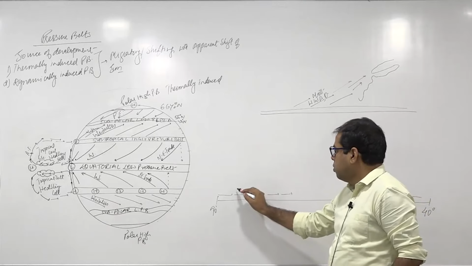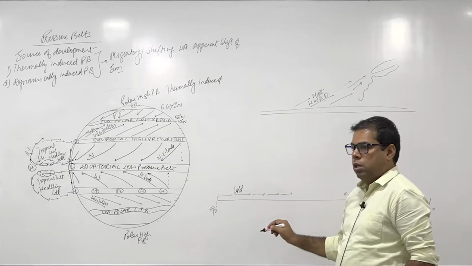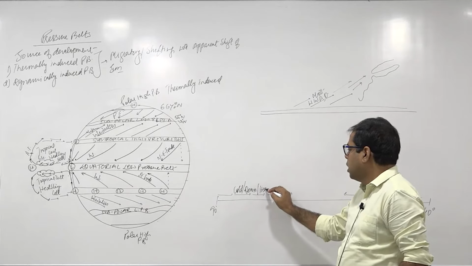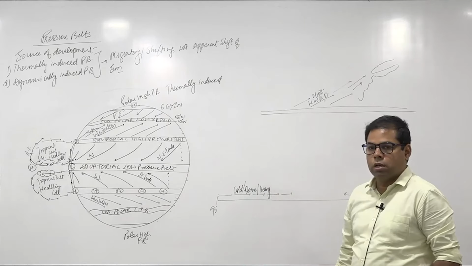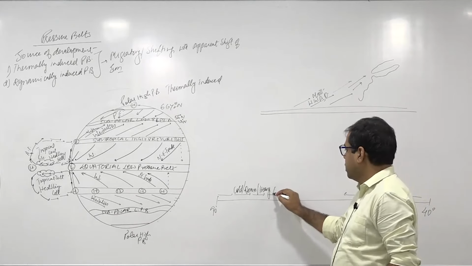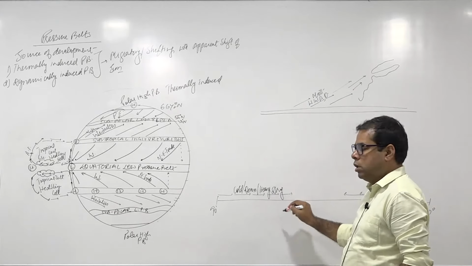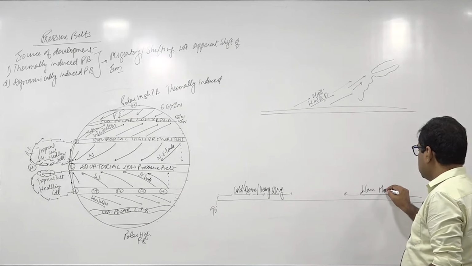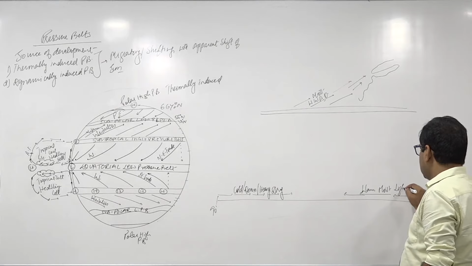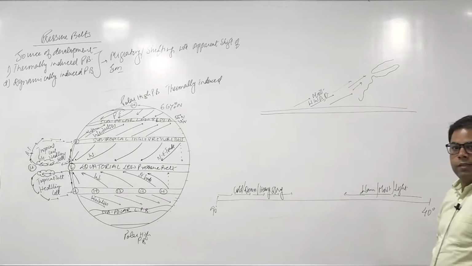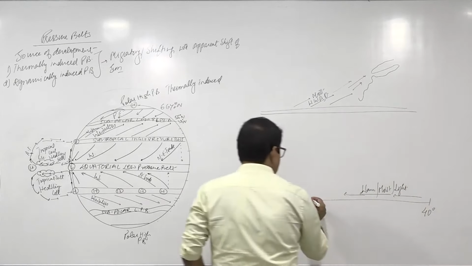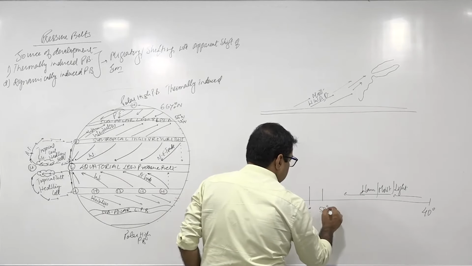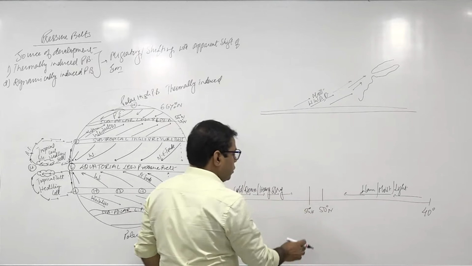So this is cold, dense, heavy, moisture इसमें होगा नहीं होगा, dry, no moisture. This is warm, moist, light, right? So they will converge along 50-degree to 55-degree north latitude, or in both the hemispheres.